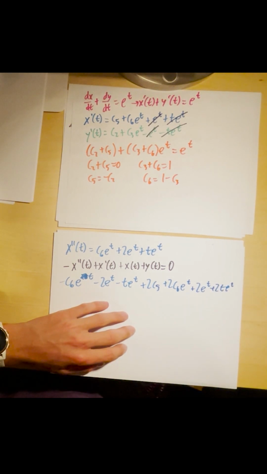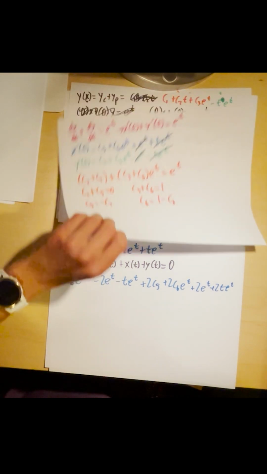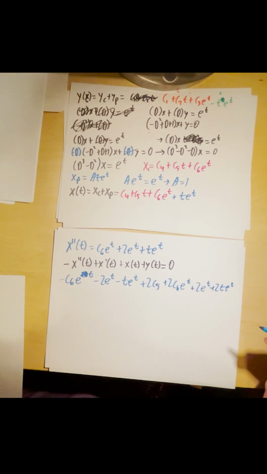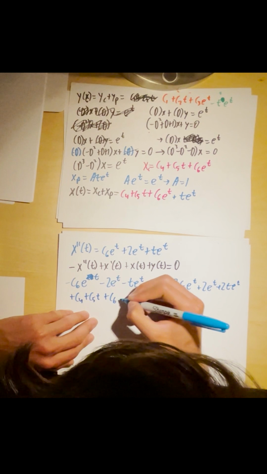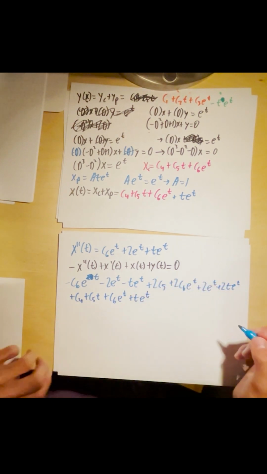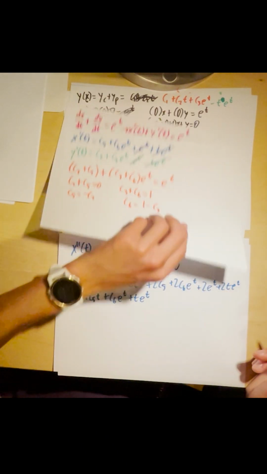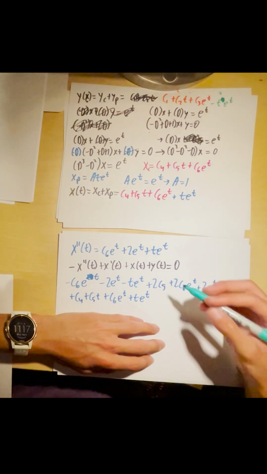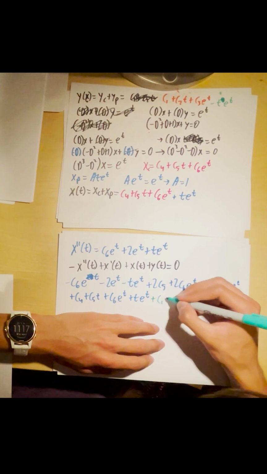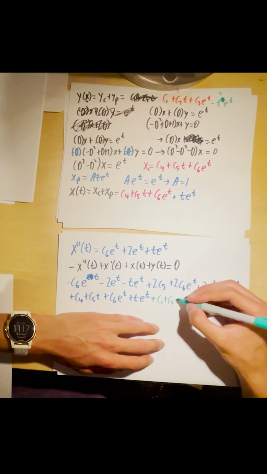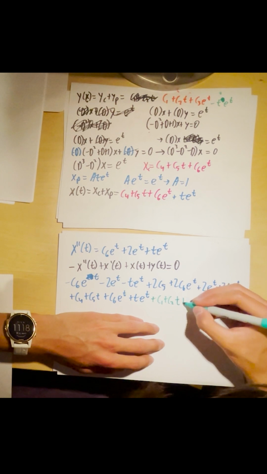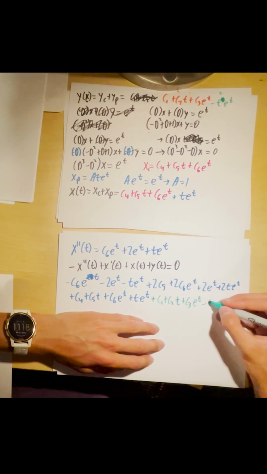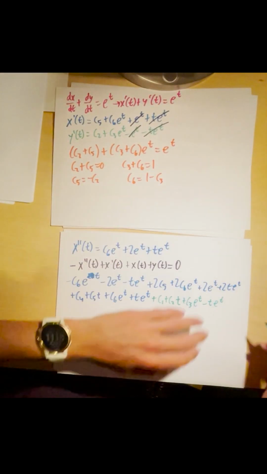Now we add on x, which is c4 plus c5 t plus c6 e to the t plus t e to the t, and on top of that we add y, which we found up here: c1 plus c2 t plus c3 e to the t minus t e to the t. And this whole thing is equal to 0.